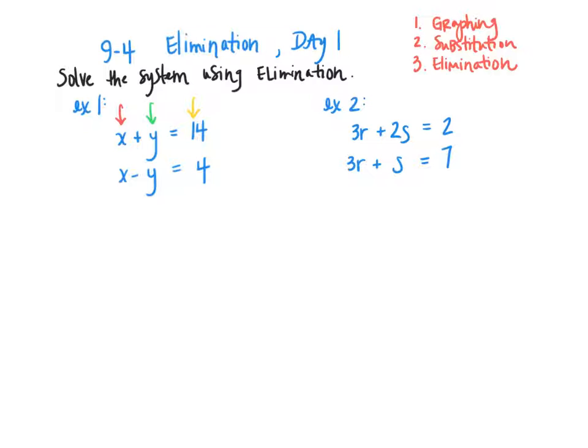When that's the case, what I want to try to do is eliminate a variable. That's really the goal, is to eliminate a variable. So if I make one big addition problem, what is that going to do? Let's look at that. So I'm going to basically add those two equations together.